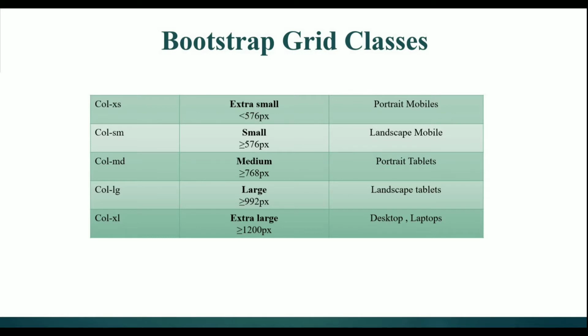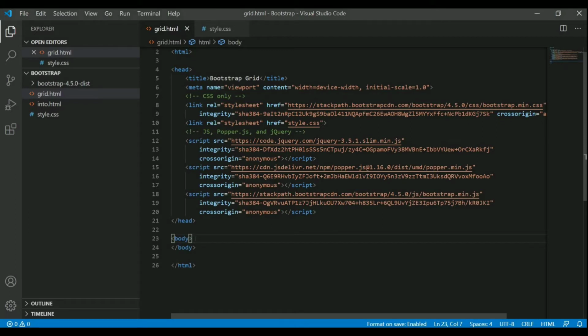MD is for screens equal to or greater than 768px, like tablets. LG is for screens greater than or equal to 992px, like small laptops. XL is for screens greater than or equal to 1200px, like larger desktops. Okay, so let's do all these things practically.